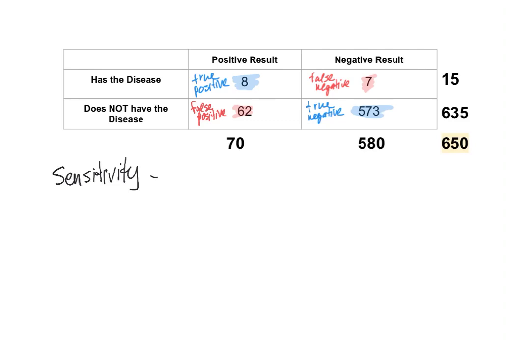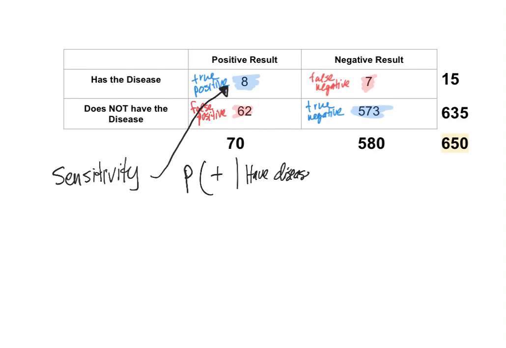So the sensitivity refers to, if somebody comes in and has the disease, what is the probability that they're going to test positive? That's referred to as the sensitivity. And we refer to this as a conditional probability. So this is the probability that somebody has a positive result given that they have the disease.